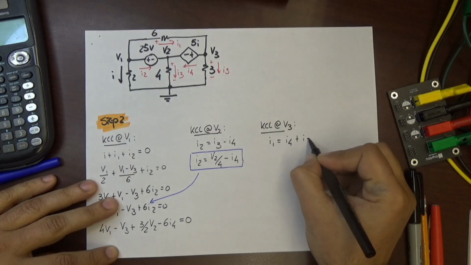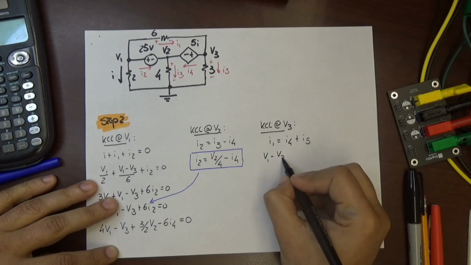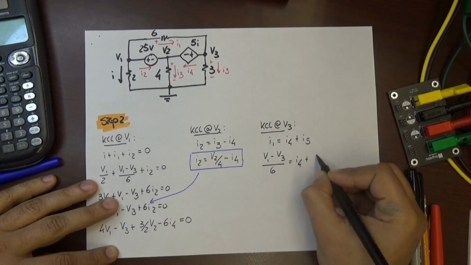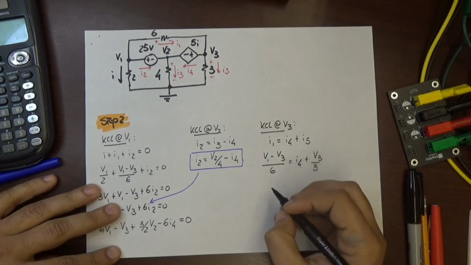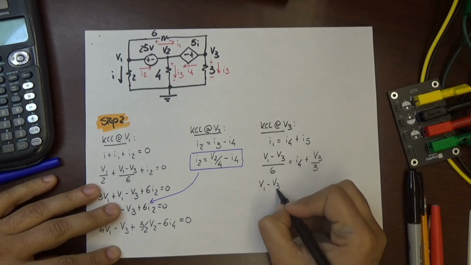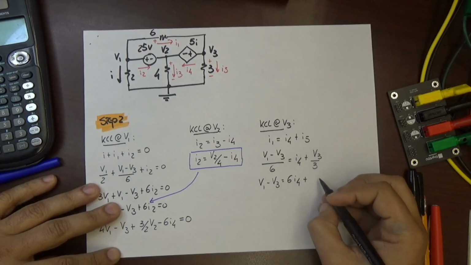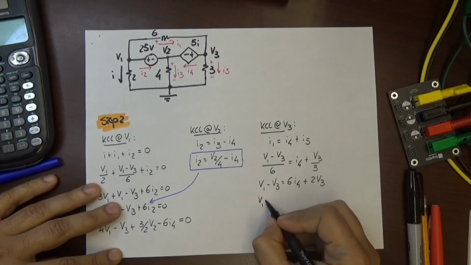Ohm's law on the nodes that I can do that. And to make things easier, I'm going to multiply everything by 6. And if you do that, actually it's very convenient because that 6 times I4 can be substituted in my first equation.